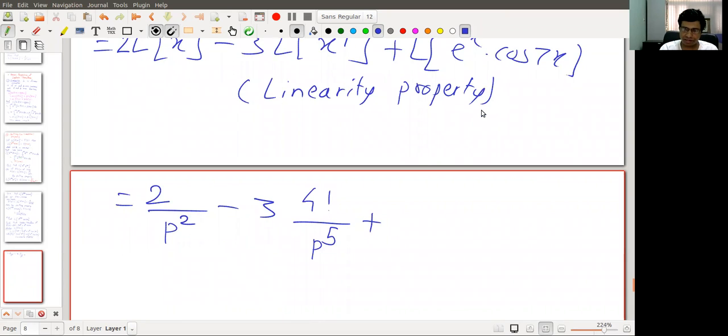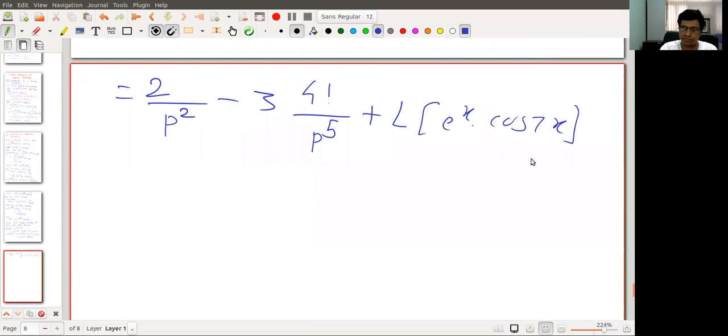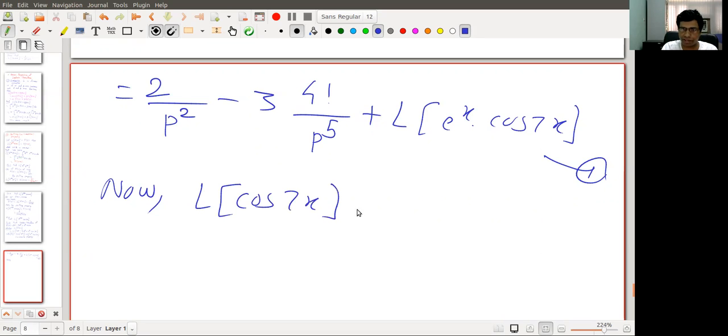So what is Laplace transform of cos 7x? Let us write down L of e raised to x into cos 7x in the next step. Okay, so we call this as 1. Now L of cos 7x, that is L of cos of bx, is p divided by p square plus b square.